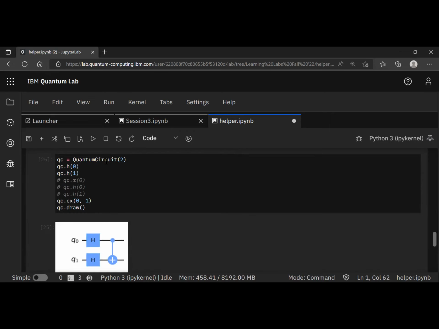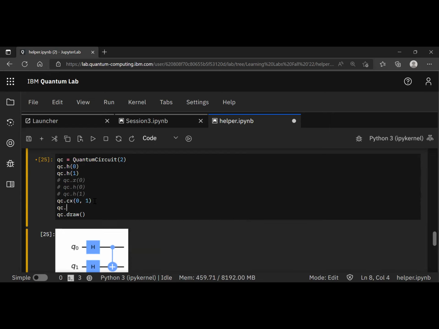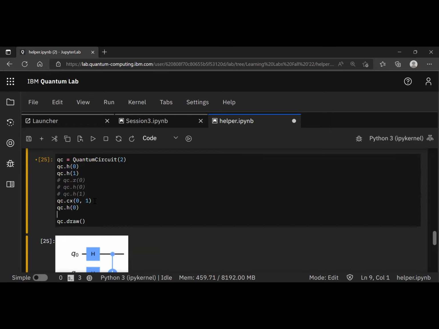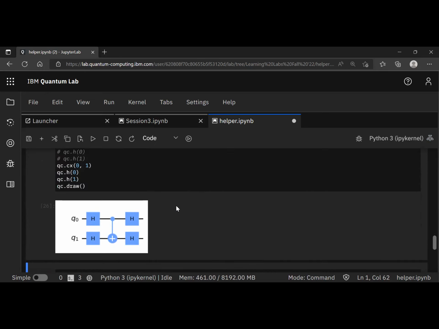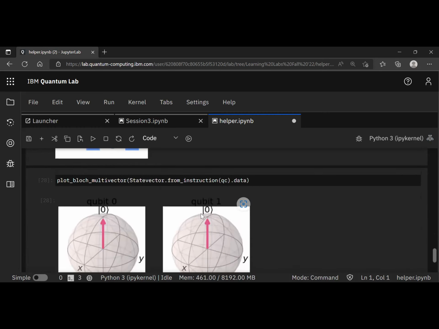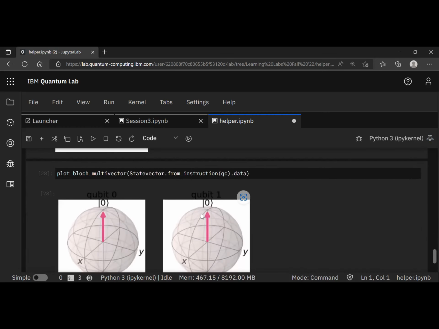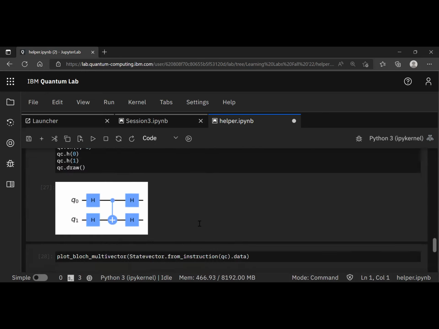Okay, so this is what it looks like. And then we have to add 2 Hadamards after. Okay, so this is what it looks like. If we keep that idea of 0 being the control, then qubit 1 is the target. If we apply this, okay, nothing happens, right? Because both were 0.